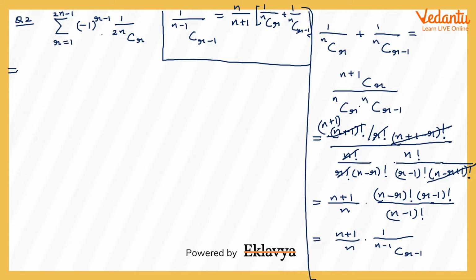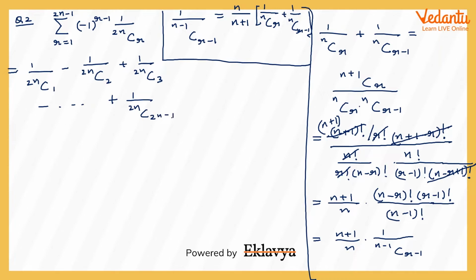You can write the first term as 1 upon 2nc1, then minus sign, 1 upon 2nc2 plus 1 upon 2nc3, and so on. The last term will come with plus sign because r is going up to 2n minus 1. So 1 upon 2nc2n minus 1. Now, if I use this result, this n upon n plus 1 will be a fixed number because it is independent of r.